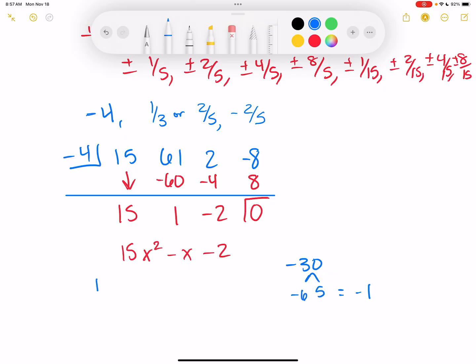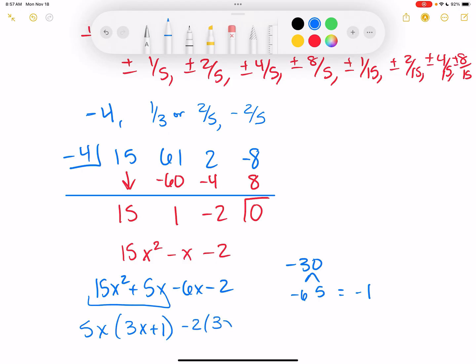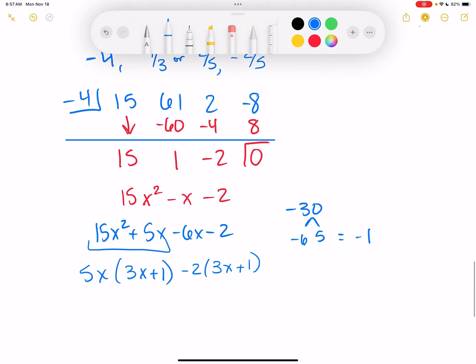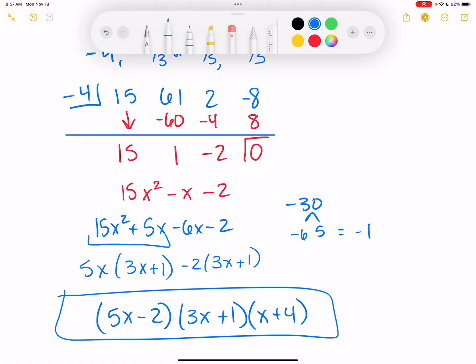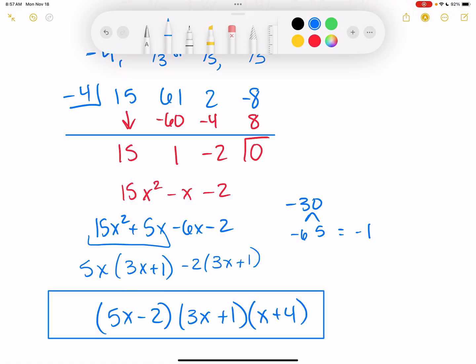So I'm going to do 15x squared plus 5x minus 6x minus 2. Take out a 5x. I'm left with 3x plus 1. Take out a negative 2. I'm left with 3x plus 1. So I would have 5x minus 2 times 3x plus 1 times x plus 4. And that would be it factored out for you.